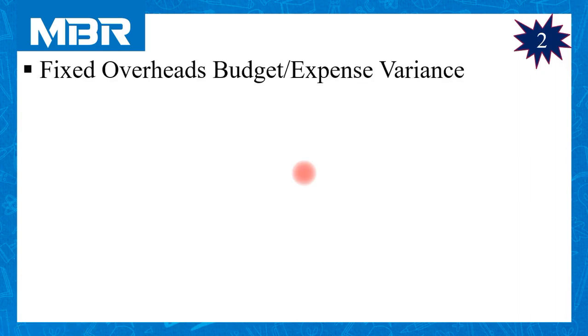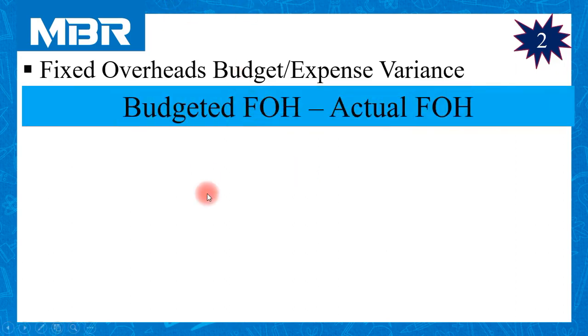Fixed overheads budget or expense variance. The easiest variance in the fixed overheads category. Budgeted fixed overhead minus actual fixed overhead. Directly insert the figures from the question.